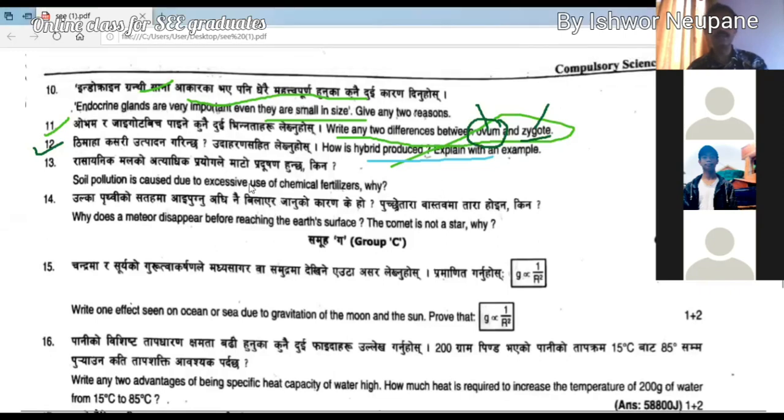Capital B, capital B crossed with small b, small b. What do you get here? Capital B, small b. The two upper ones are pure and the lower one is hybrid. Capital B, small b is hybrid.